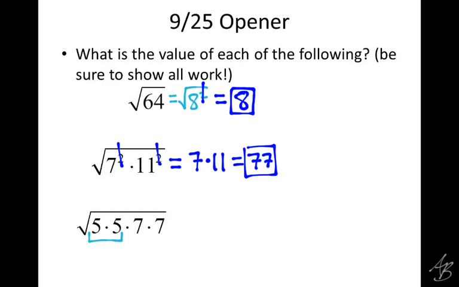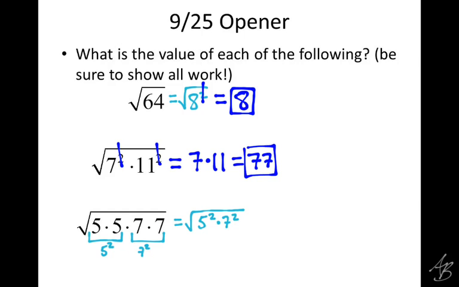So that right there, that's the same thing as 5 squared, and that right there is the same thing as 7 squared. So we can rewrite this as the square root of 5 squared times 7 squared. And now this looks just like the problem before, where we have two squares being multiplied together. This is going to make it a lot easier because now we don't have to multiply it out and get a really big number and then figure out what we square to get that really big number.